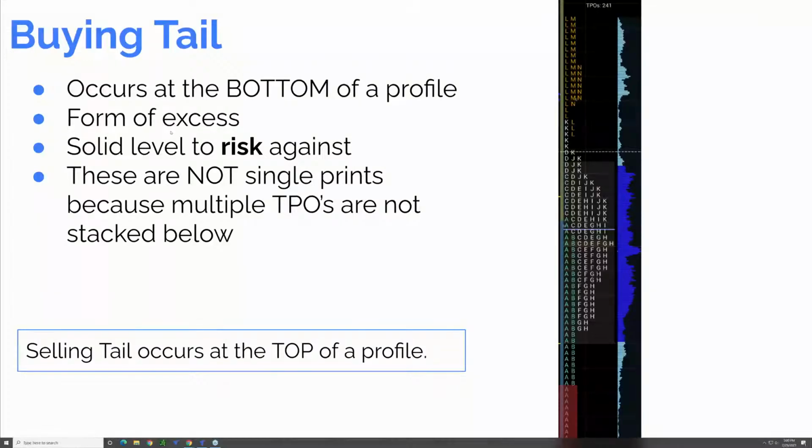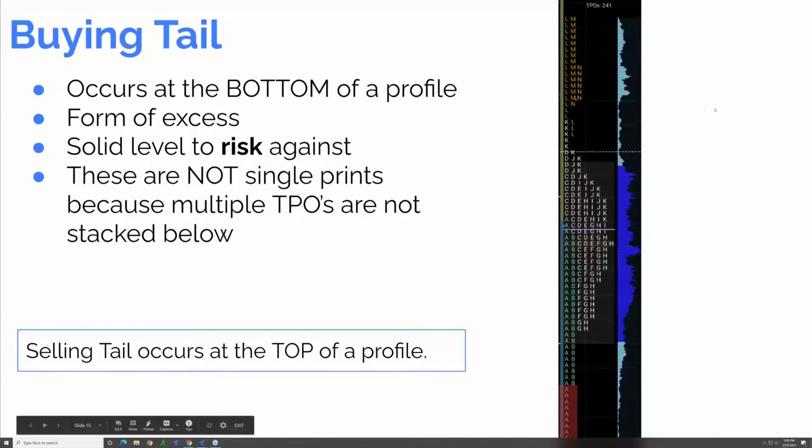All right, so it's a form of excess. Basically, a buying tail is where buyers stepped in and bought it up. The price was advertised, right? Going back to that quote, price advertises, and it was an attractive price, and buyers stepped in and bought it up. And I make note here, since we've talked about single prints, these are not single prints because there's no TPOs below the low.